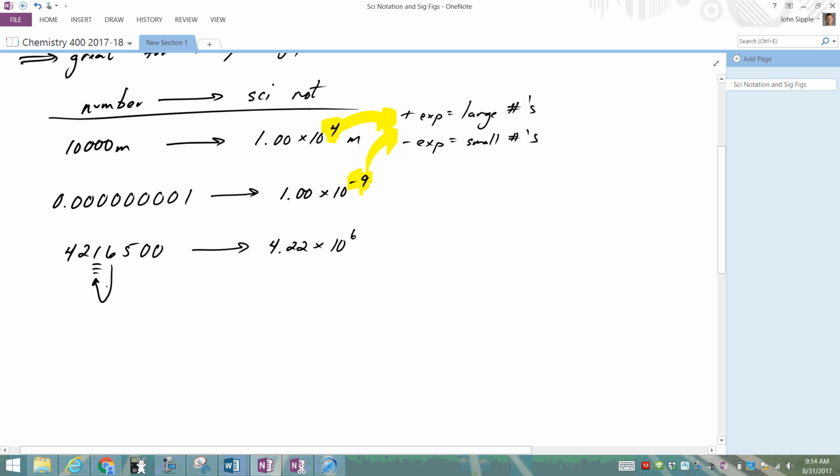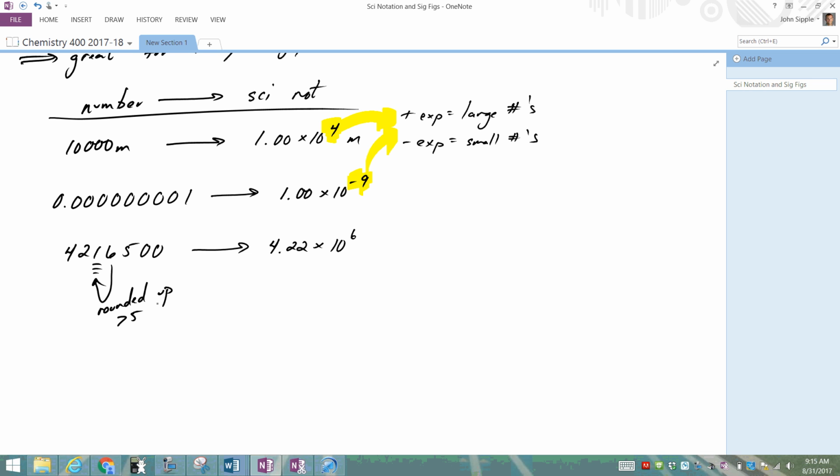Great. So round it up. You round it up because that number is greater than 5. We want to be able to round numbers as well when we're doing this.